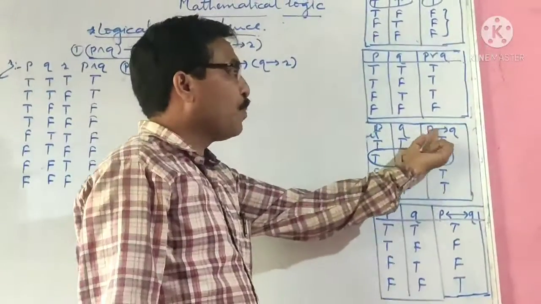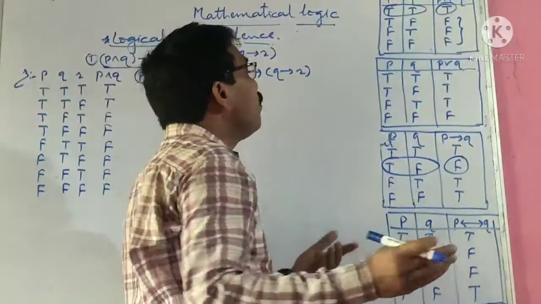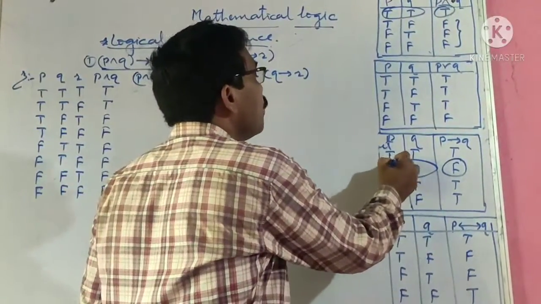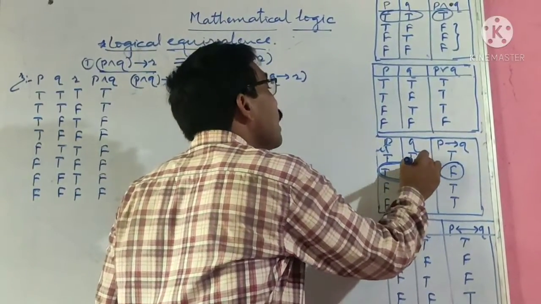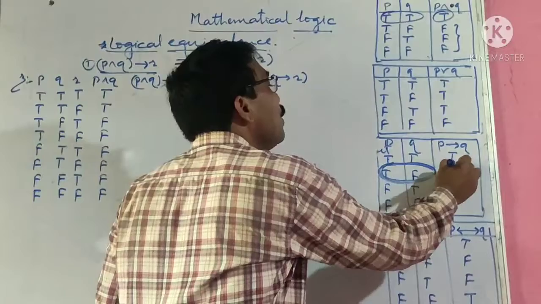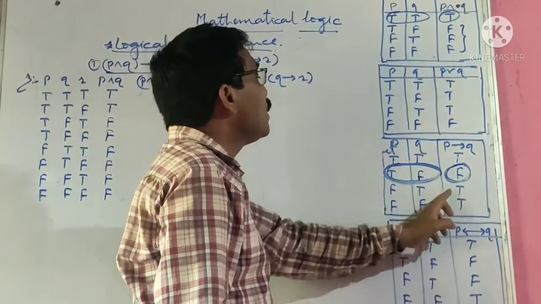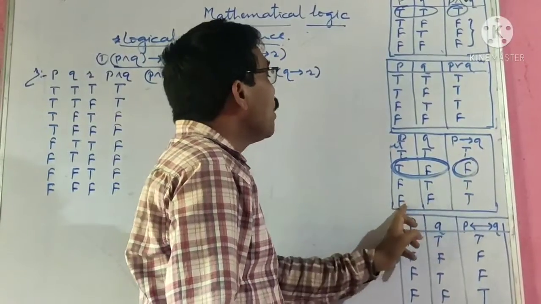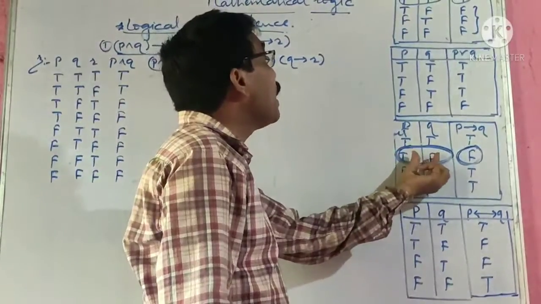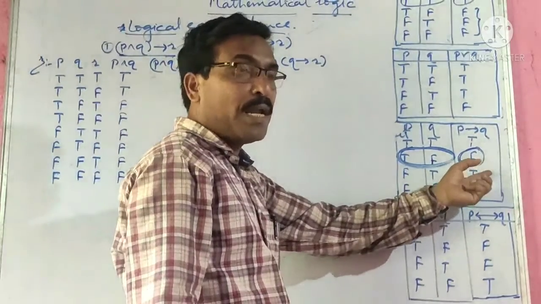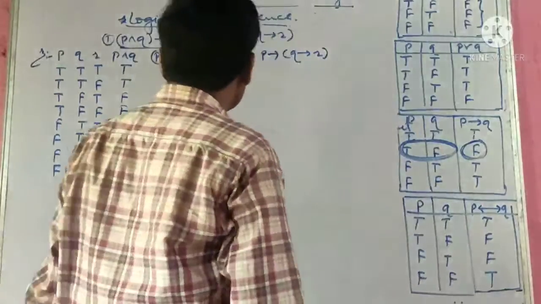We have this table of implication, P implies Q. As we have learned before, T implies F is F, and T implies T is T, F implies T is T, F implies F is T. So for the first, T implies F, it is F, and write down all T's in the three remaining cases.